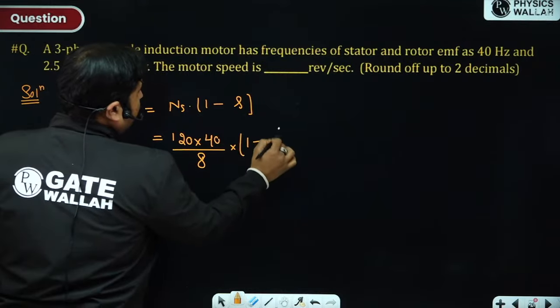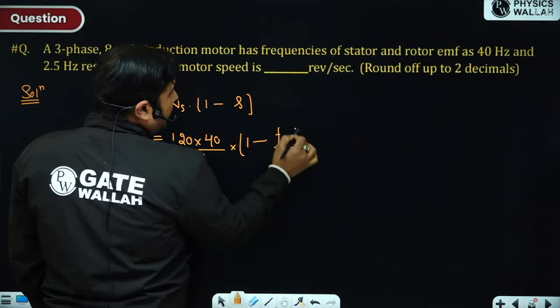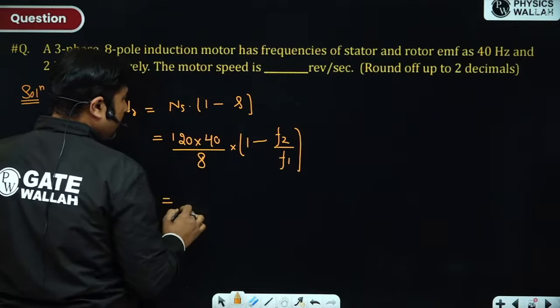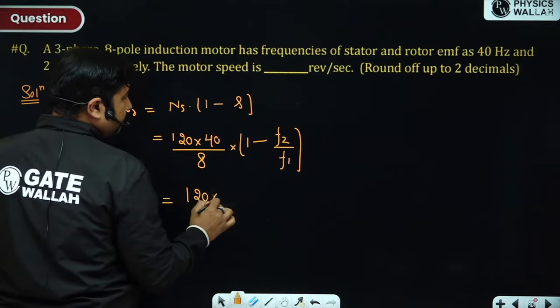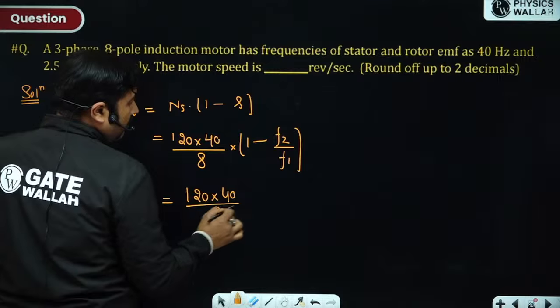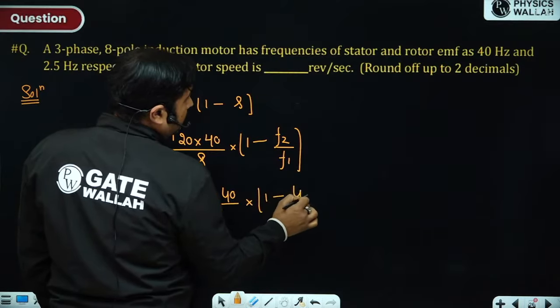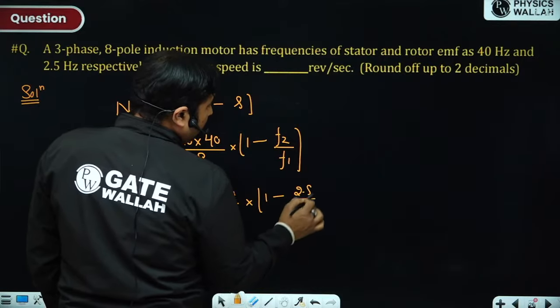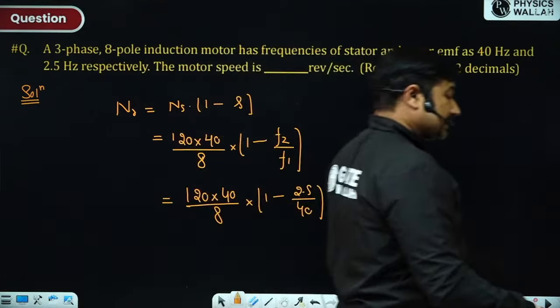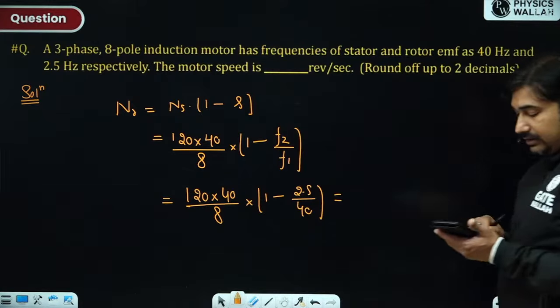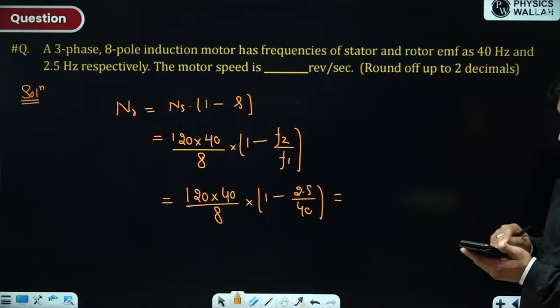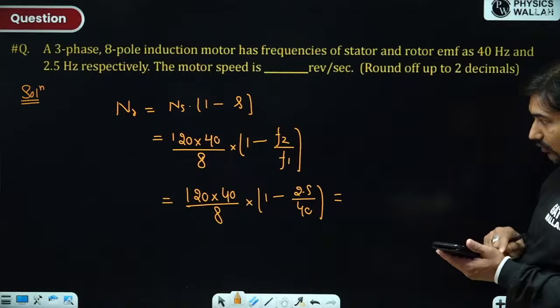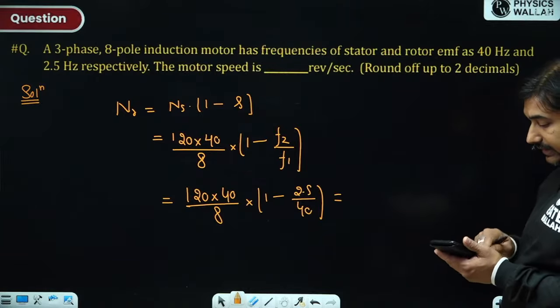And what is the frequency in the rotor? 2.5. So this will become 8 into (1 - 2.5/40). How many of you are able to understand this question perfectly? 2.5 by 40, 1 minus answer, into 120 into 40 by 8.